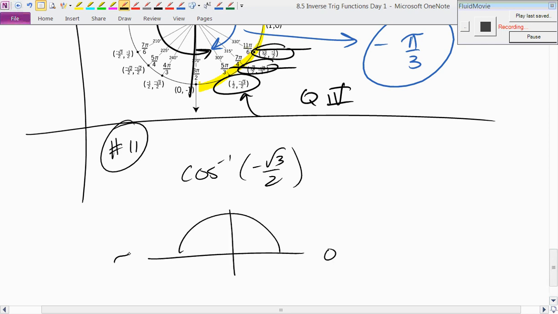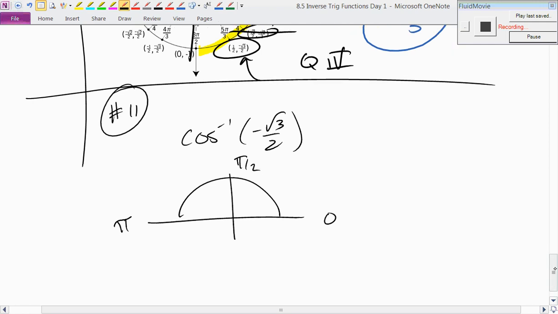Cosine lives between 0 and pi. Pi over 2. Right, we restrict it. So it's positive here and it's negative there. So which quadrant do we have to be in? We have to be in quadrant 2. And so we are looking for the spot on the unit circle where the cosine is negative rad 3 over 2. And what would that angle have to be? No, not 30 degrees. 30 degrees is in quadrant 1. 150, which would be 5 pi over 6.